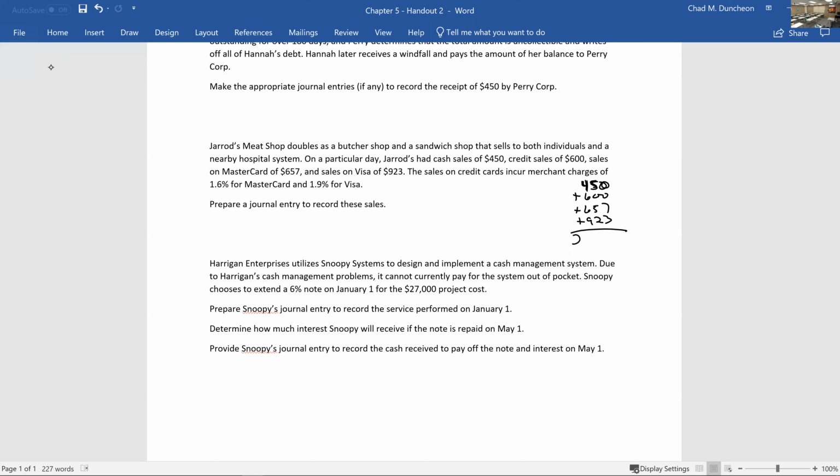So 2,630 is our revenue. So when we go to make the journal entry to record these, our credit entry, our sales revenue is going to be 2,630.